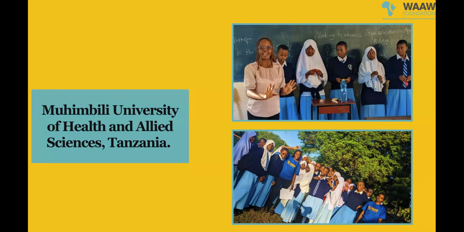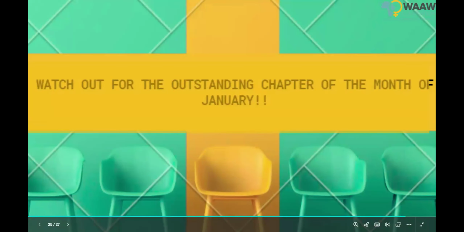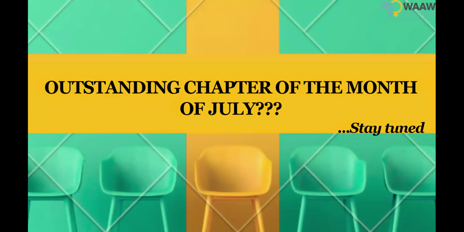Okay, chapter of the month. Who would it be? Our chapter of the month has not been chosen yet because there was a lot of activity across all our chapters. A lot of us did so good. Now we are confused on who is going to be the chapter of the month.